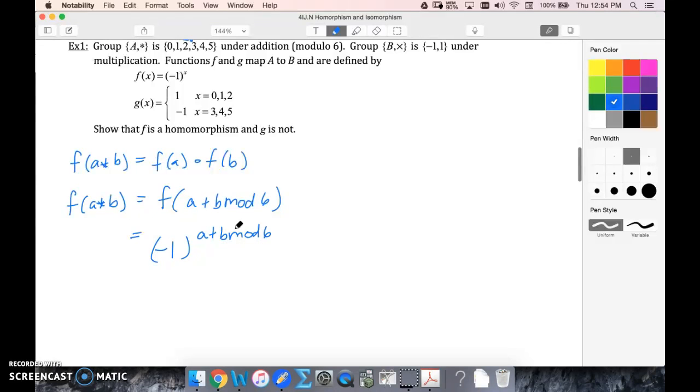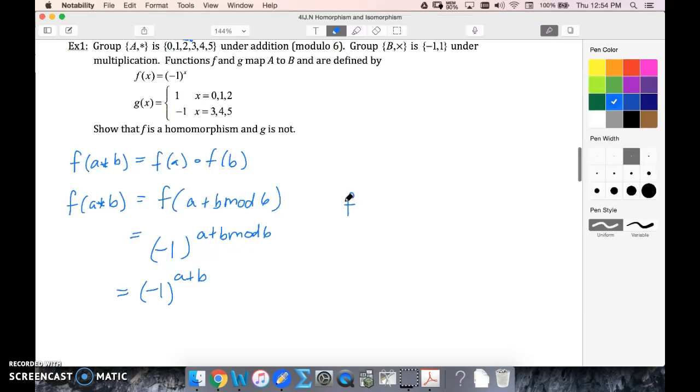The mod 6, if A plus B is even, is still going to result in an even. If A plus B is odd, the mod 6 on it is going to result in an odd. So I can say that this is just the same as negative 1 to the A plus B power. So the mod 6 isn't changing the result of the negative 1 being raised to the power.